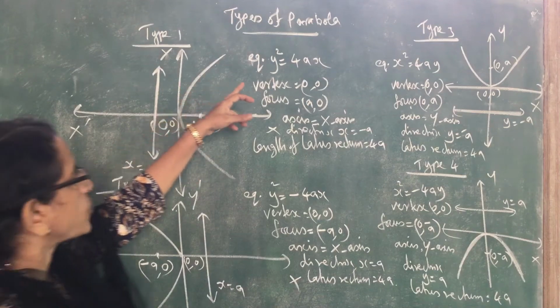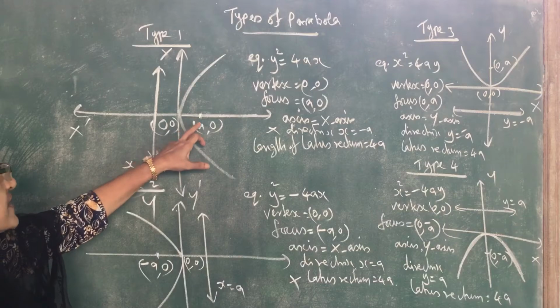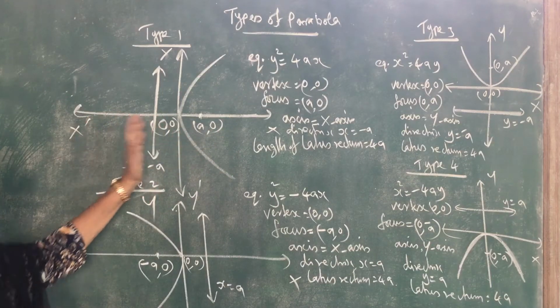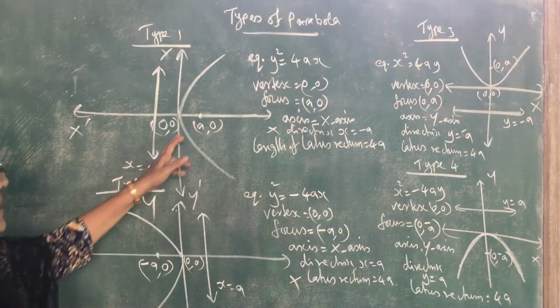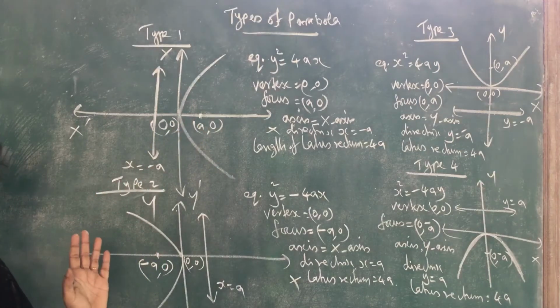From y square equal to 4ax we can find a. So then we can find the focus (a, 0), and the directrix will be outside, on the opposite side. This side is the positive side of the x-axis, therefore here (a, 0), and remember a is always a positive number.